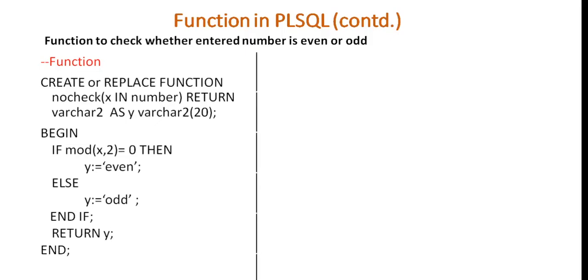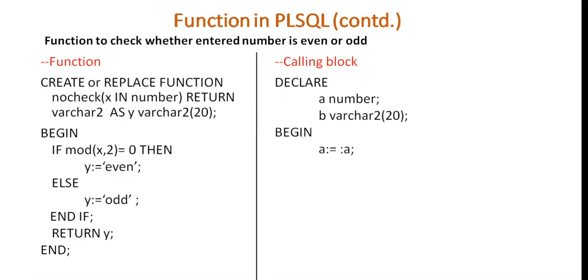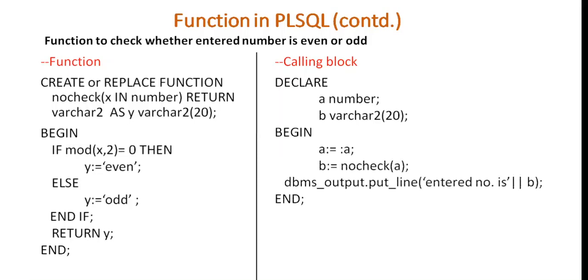Simple. Now let's see the calling block. In the calling block we have declared two variables, the same as the calling block that we used in the procedure: a number, b varchar2. Begin, a is equal to a, we are reading the number from the user. Now we are calling the function, b is equal to number_check(a). See, we are only passing the input parameter.